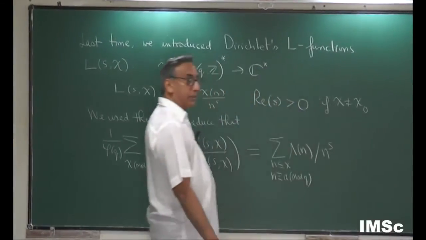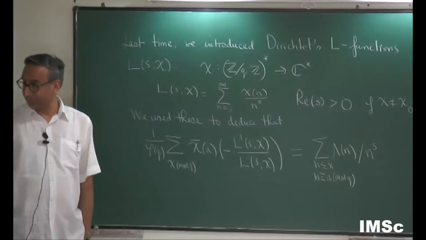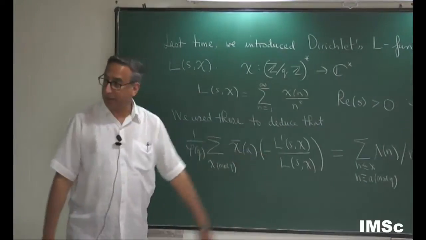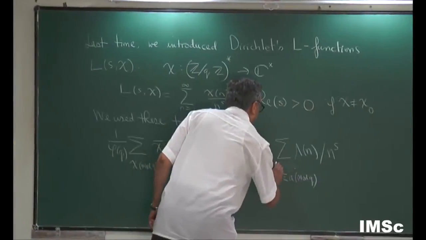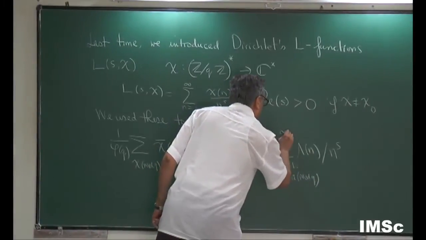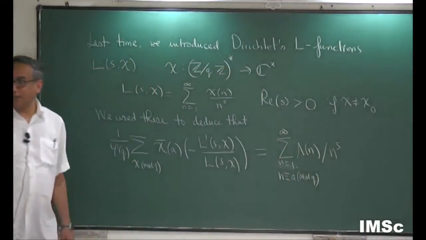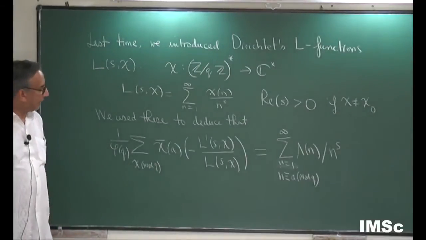Right. And now I'd like to apply the Tauberian theorem to deduce something about the partial sums. Sorry, this should be n. There. Is that okay? Yeah. It's a Dirichlet series, and I'm getting ahead of myself.